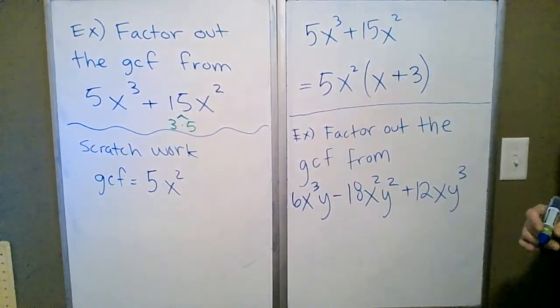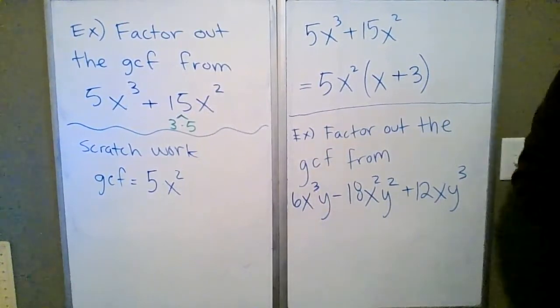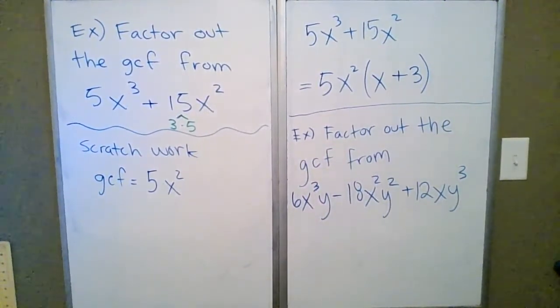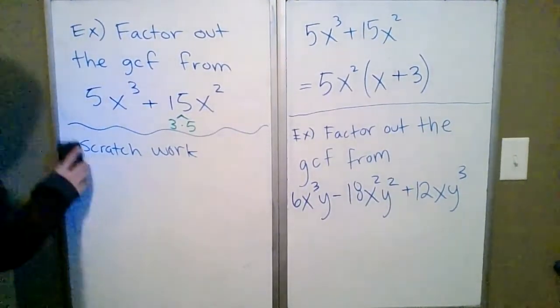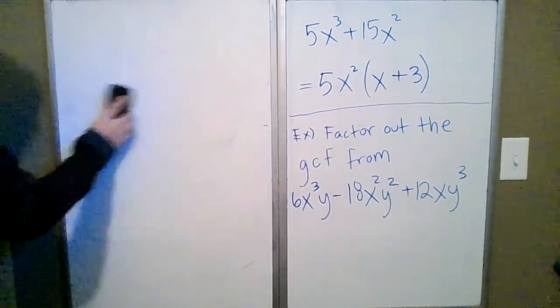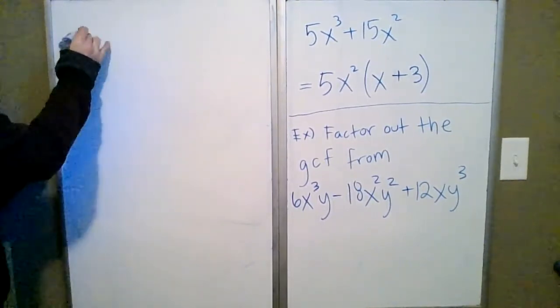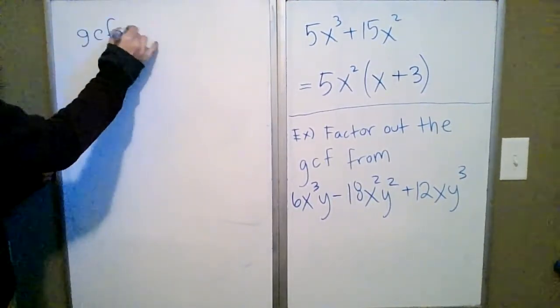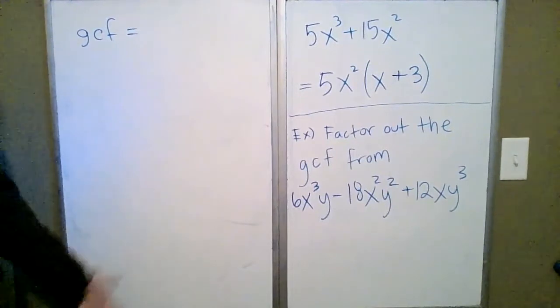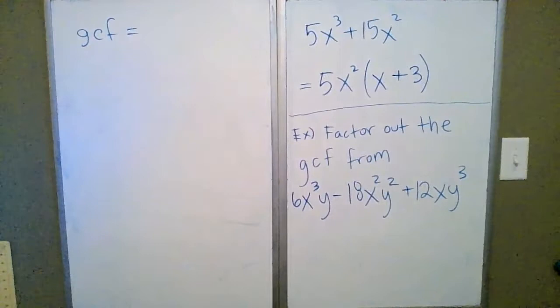First, we just want to find the greatest common factor. That means I need to factor all of the numbers and then find the least of any factor.